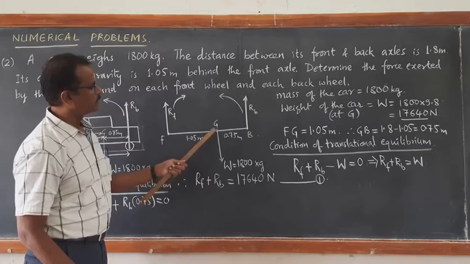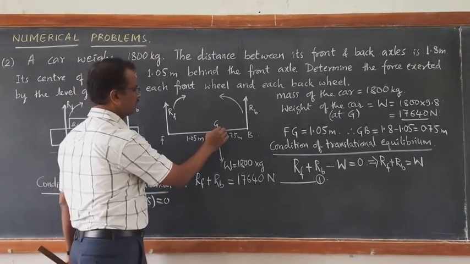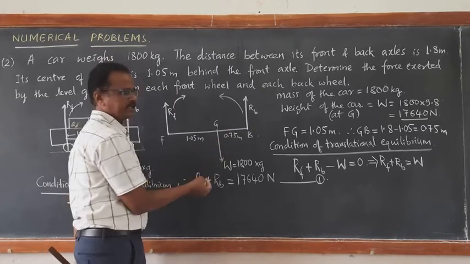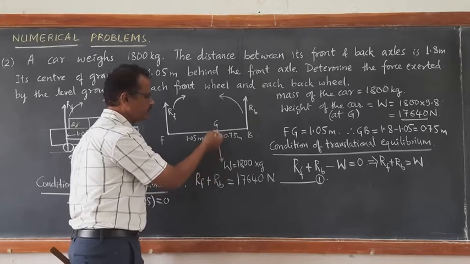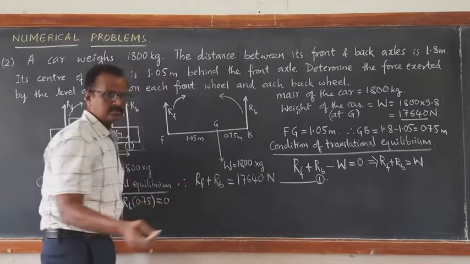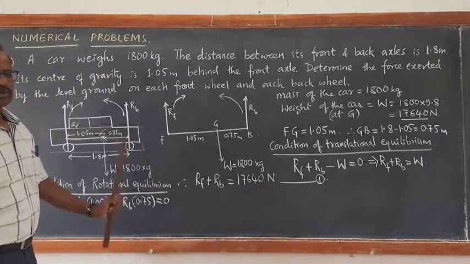The moment about the center of gravity itself is 0. Moment is calculated about the center of gravity, because the moment due to the weight about the center of gravity becomes 0, since the distance between the center of gravity and the weight is 0. Therefore, only two moments, only two torques, are active.